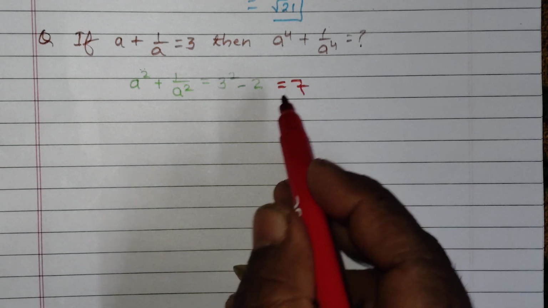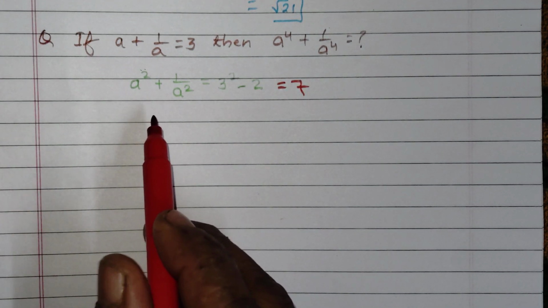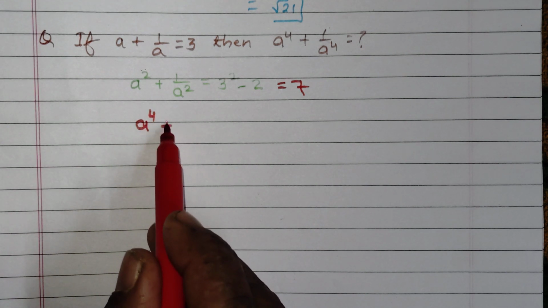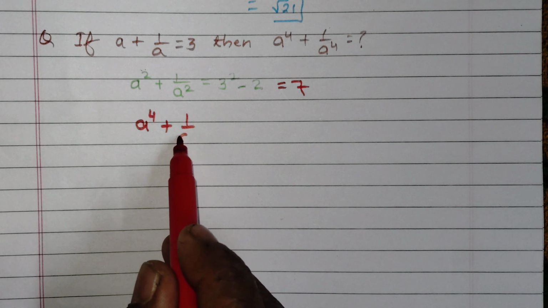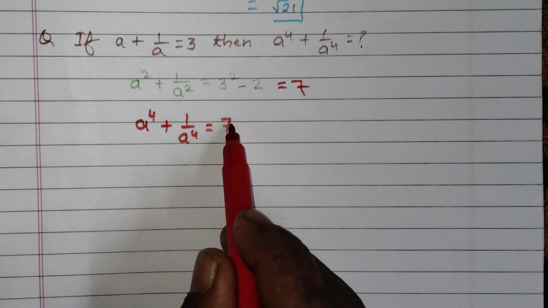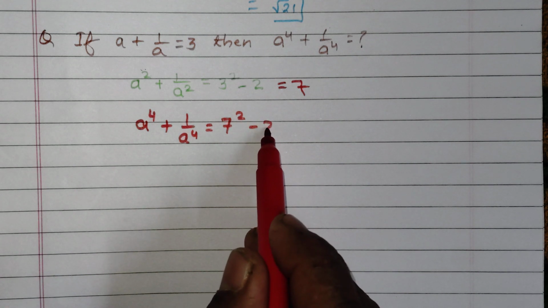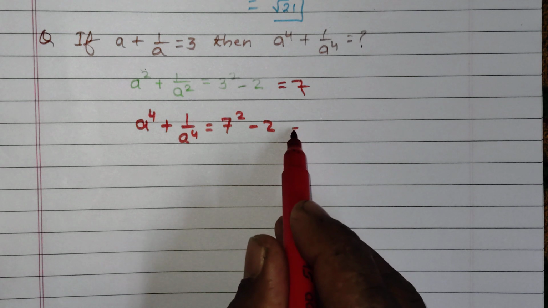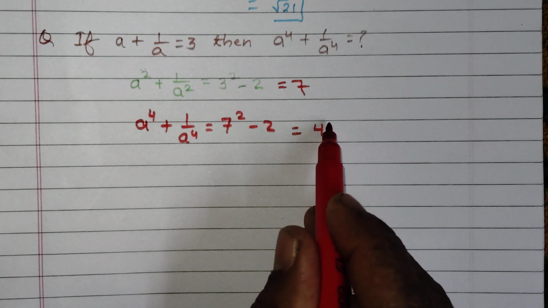Now again squaring this term we get a raised power 4 plus 1 upon a raised power 4 equal to 7 square minus 2. So 7 square is 49, minus 2 gives us 47.